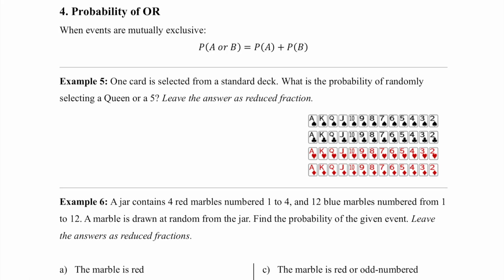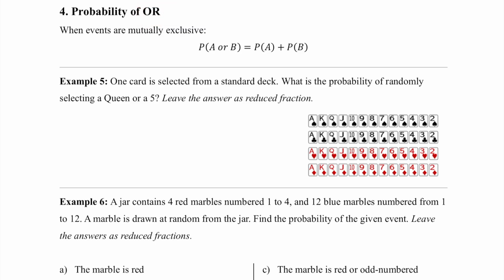Now that we know what mutually exclusive events are, let's see how they affect probability calculations. When mutually exclusive events are connected by the word or, we add their probabilities.